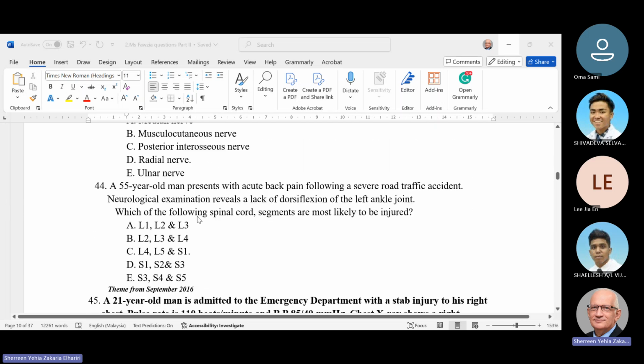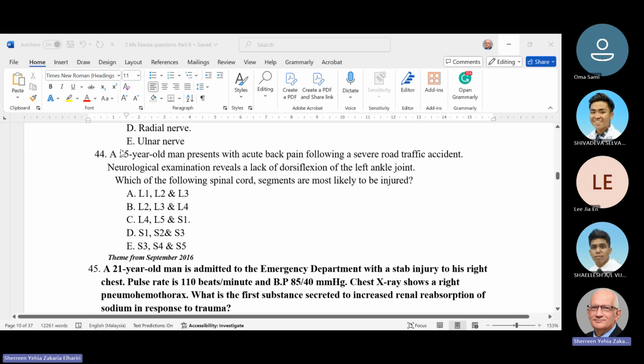Okay. Next question, and again, it is about dermatome and myotome, which is important. A 55 years old man presented with acute back pain following a severe RTA. Neurological examination revealed lack of dorsiflexion of the left ankle joint. Which of the following spinal cord segments is most likely injured?